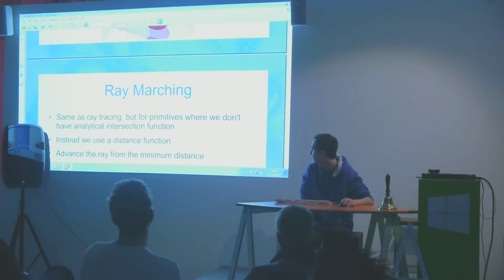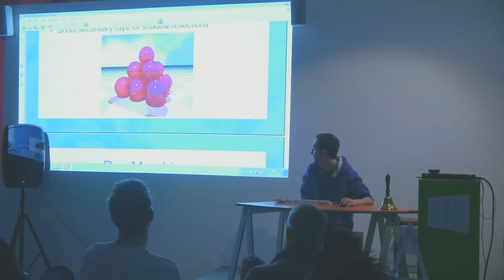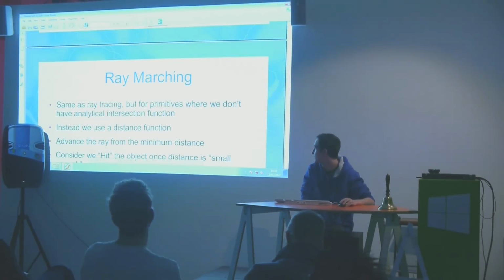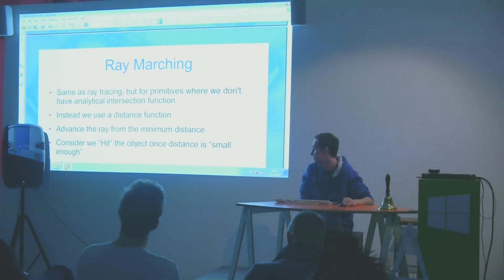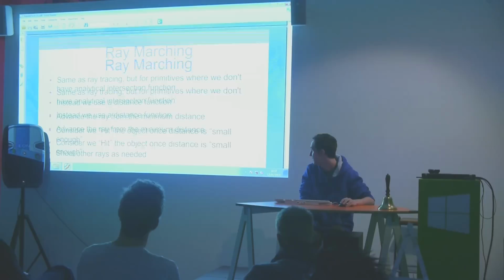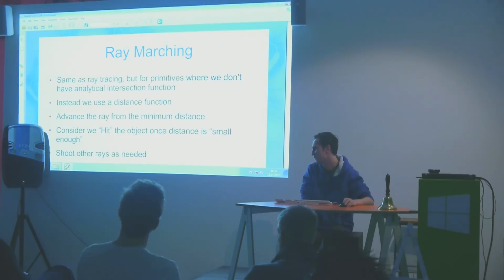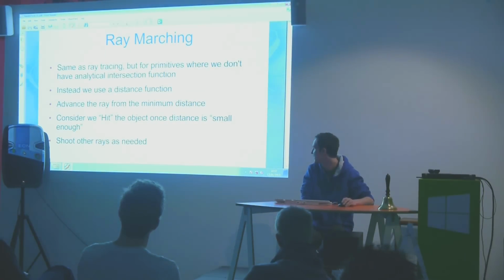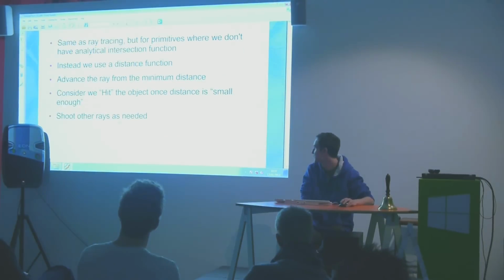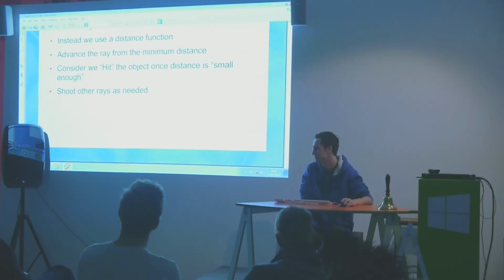And ray marching is a bit of a variant, because sometimes we don't know the intersection function in an analytical way. So what we do is we use a distance function instead, and instead of drawing this kind of line, we just draw segments. So we advance until the distance is small enough, and then the technique is more or less the same.